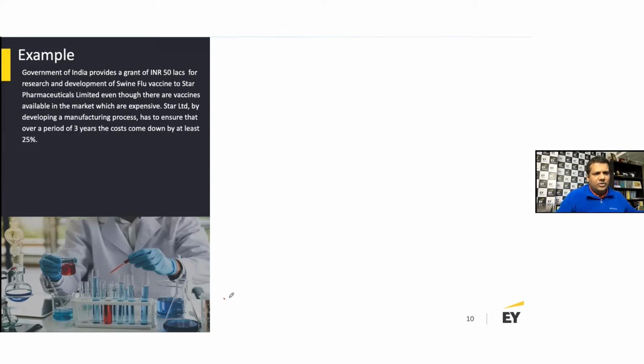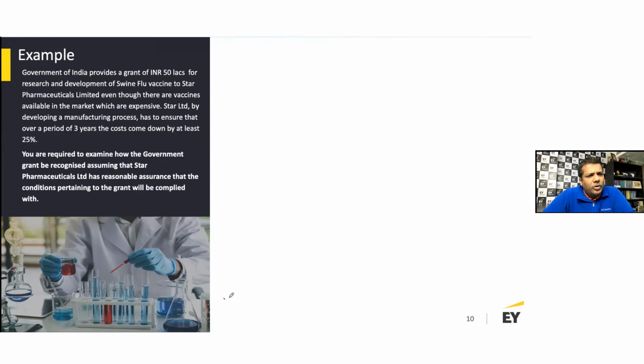Now, Star Limited, by developing a manufacturing process, has to ensure that over a period of 3 years, the cost comes down by at least 25%. Now, you are required to examine how the government grant should be recognized, assuming that Star Pharmaceutical Limited has reasonable assurance that the condition pertaining to the grant will be complied with.